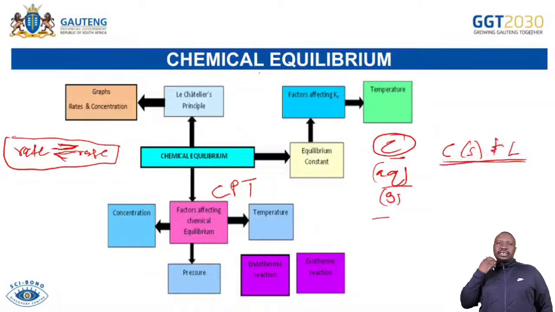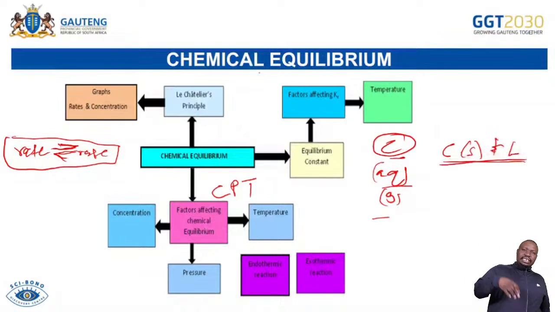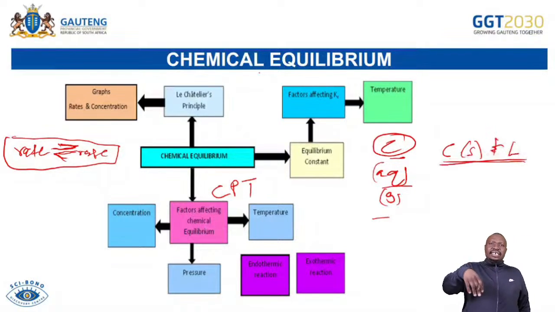Now, the other thing which is of paramount importance is Le Chatelier's principle, where we are saying when the conditions of a system at equilibrium are disturbed, a reaction will take place that will cancel the effect of the disturbance. So the system itself will establish a new equilibrium by cancelling the effect of that particular disturbance.